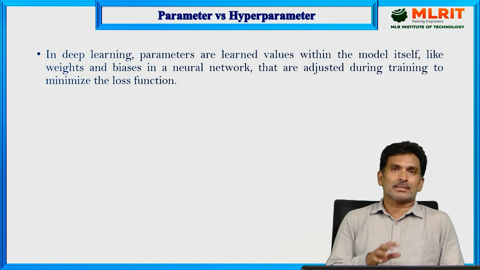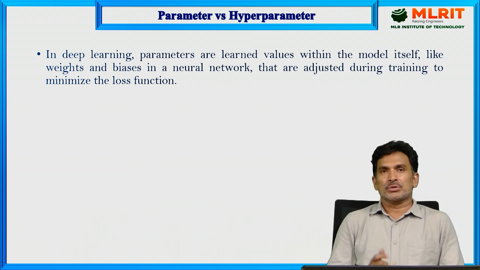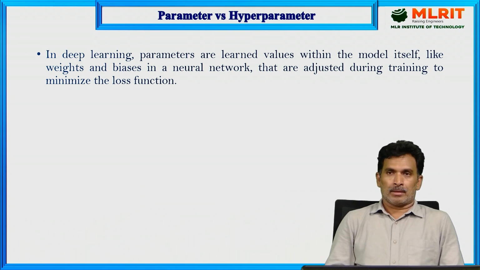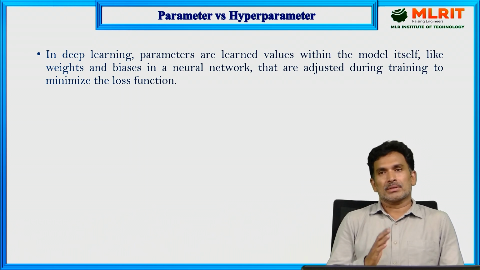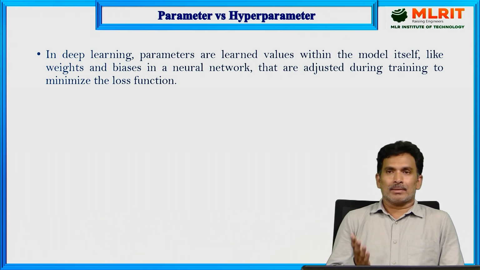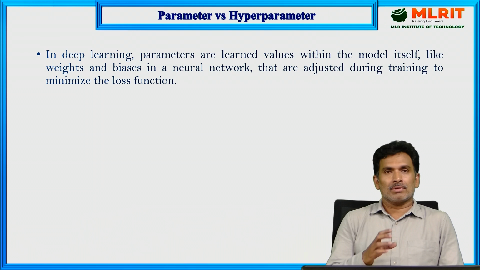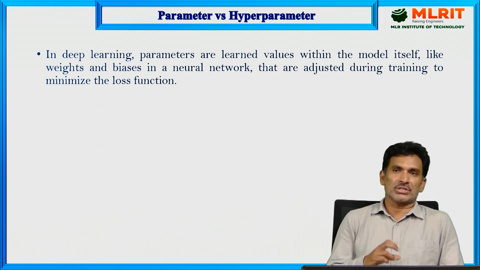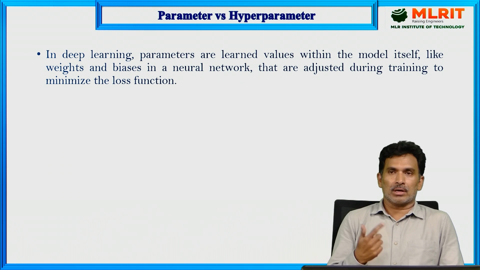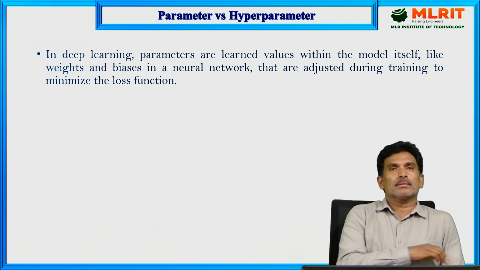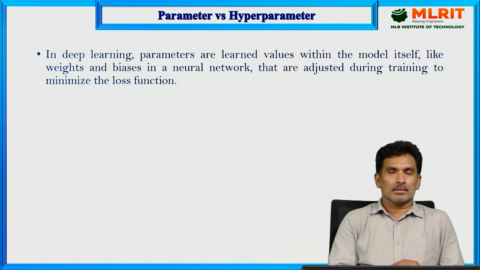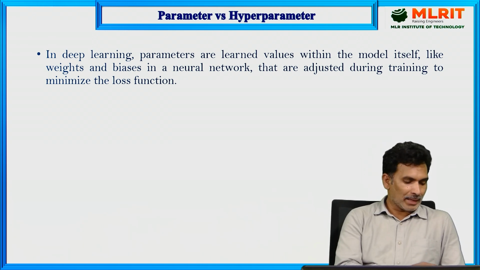These weights and biases are adjusted during training to minimize the loss function, because the model predicts, and then we compare with the actual values and find the difference with the help of a cost function or loss function, and then the loss needs to be minimized.